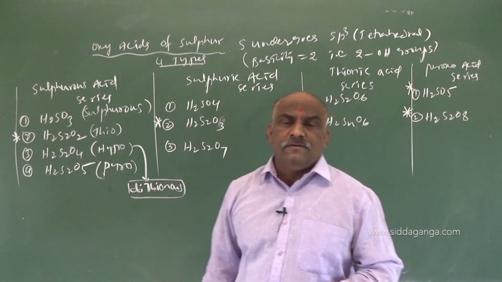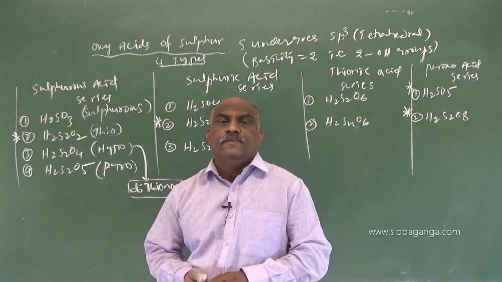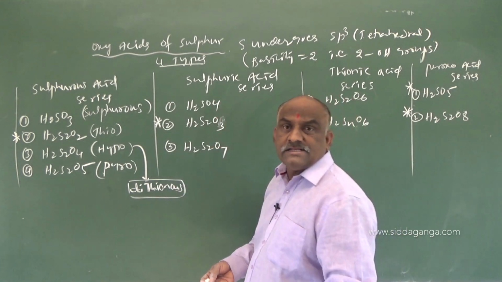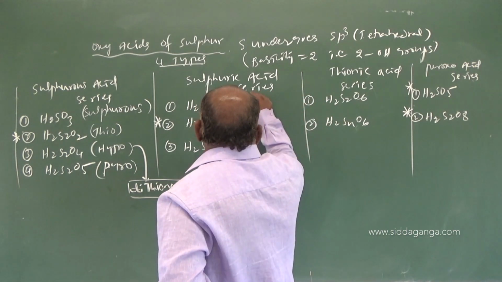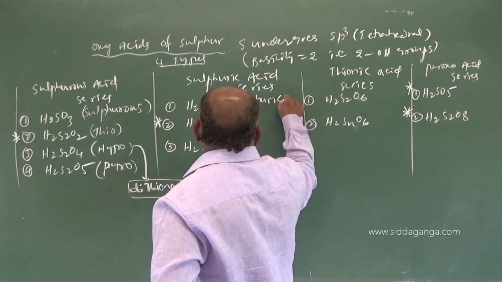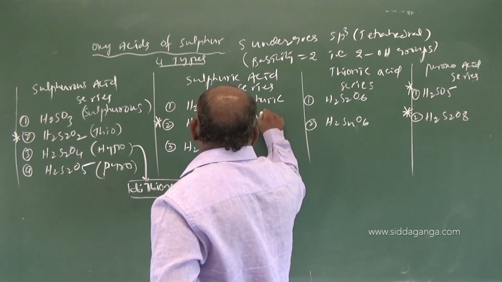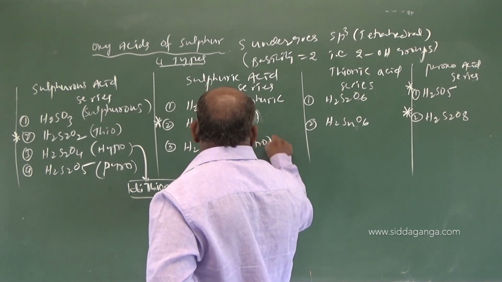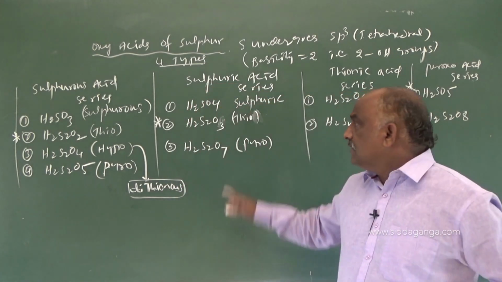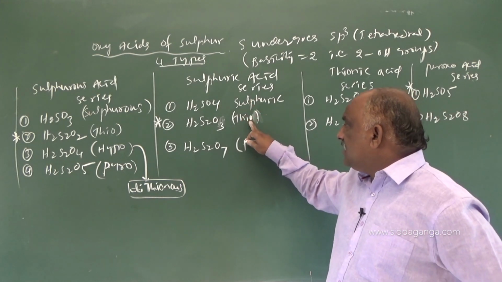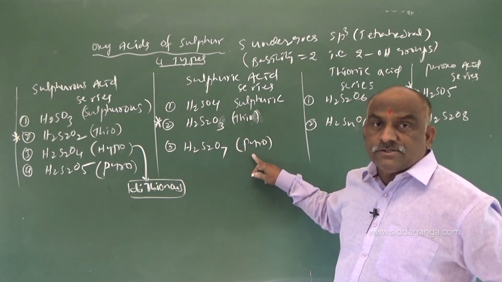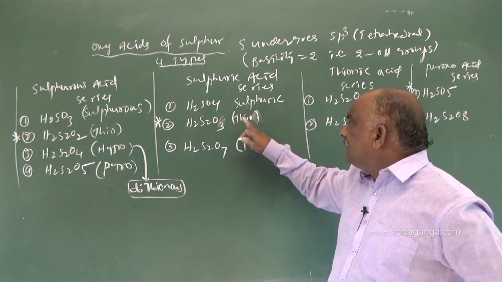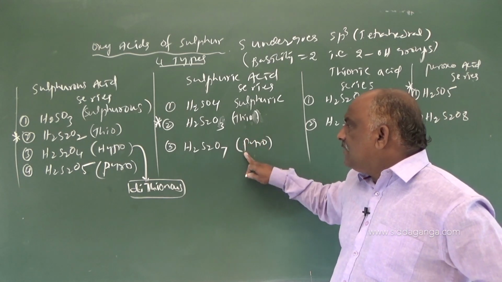While coming to the second one, the first one you know is sulfuric acid. This is thiosulfuric acid. It is pyrosulfuric acid. Remember this one, very important: sulfuric acid, thiosulfuric acid, pyrosulfuric acid.